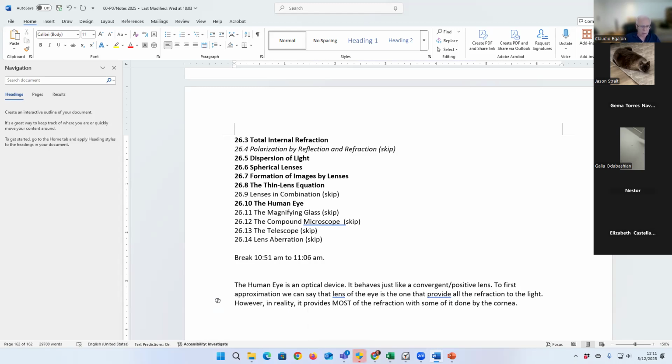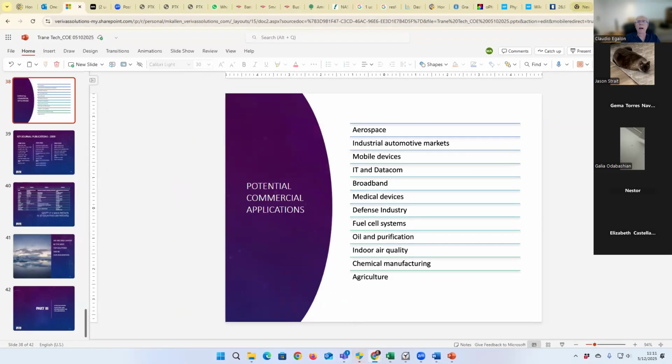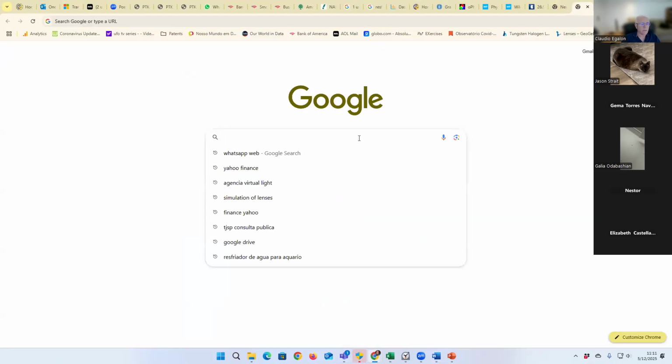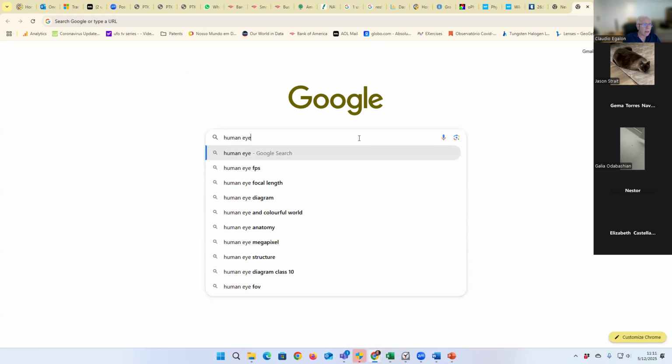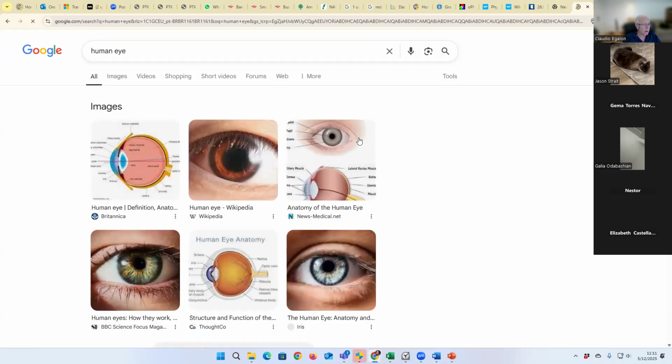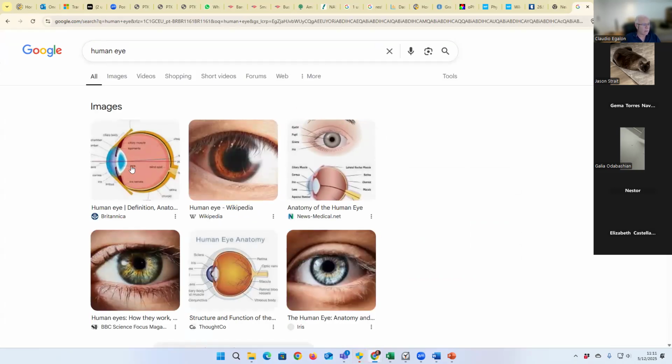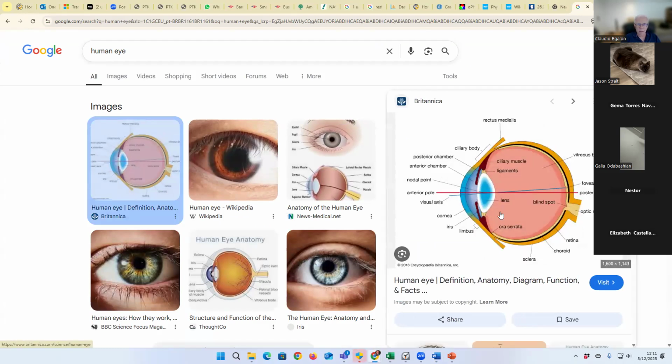Okay, let's take a look. I once saw an article that described that very nicely. Here you go. That's how the human eye looks, right? That's the lens.